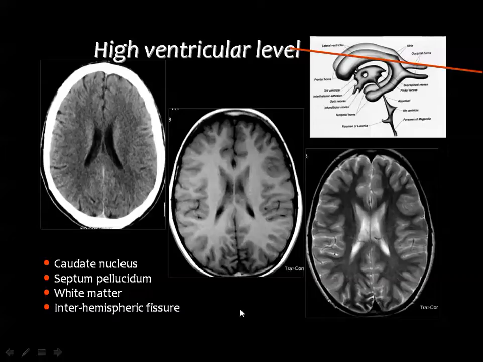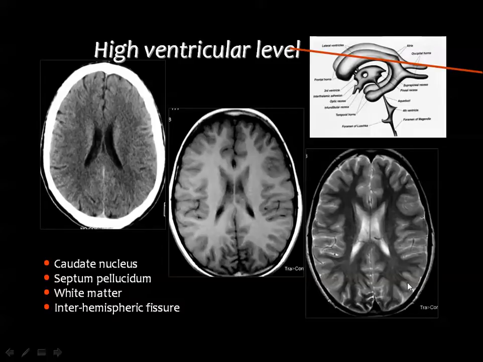You know that the white matter appears the opposite of its name in the CT and MRI T2 weighted images. The white matter will appear a little bit dark, as you can see here, and the gray matter will appear somewhat bright in the CT and MRI T2 weighted image.